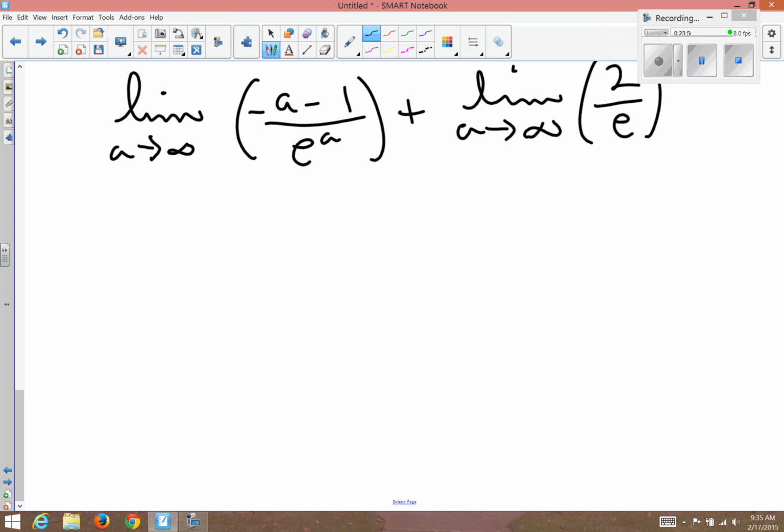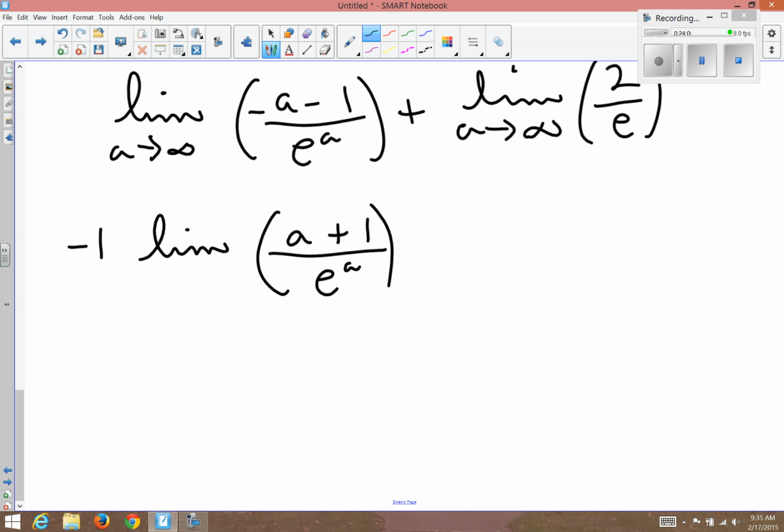Now, another thing about limits is if there's a constant multiple, like this negative 1, we can put it to the left of the limit symbol. So this now becomes a plus 1 over e to the a, because negative 1 times a plus 1 is this numerator.